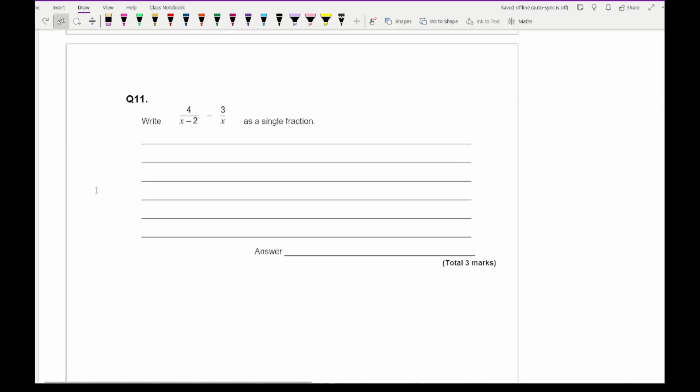Then moving on to question 11. So again, algebraic fractions. So we're simplifying this. Now here, our common denominator is going to be x minus 2.